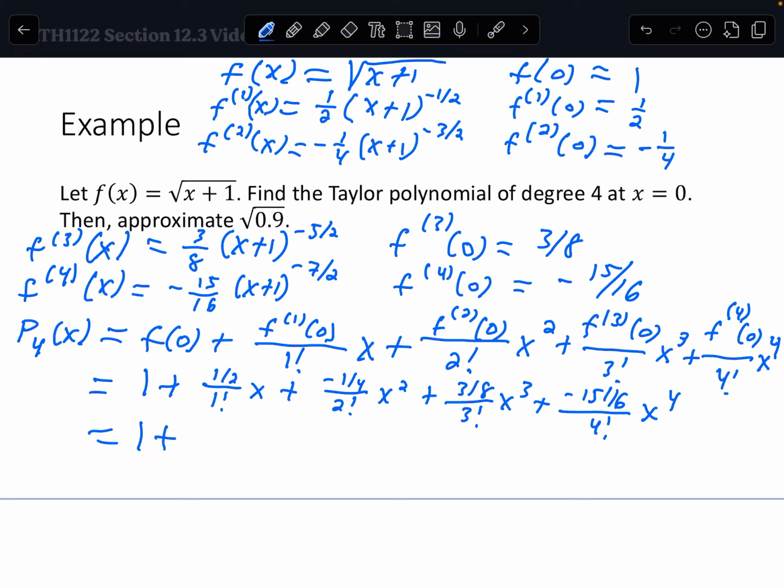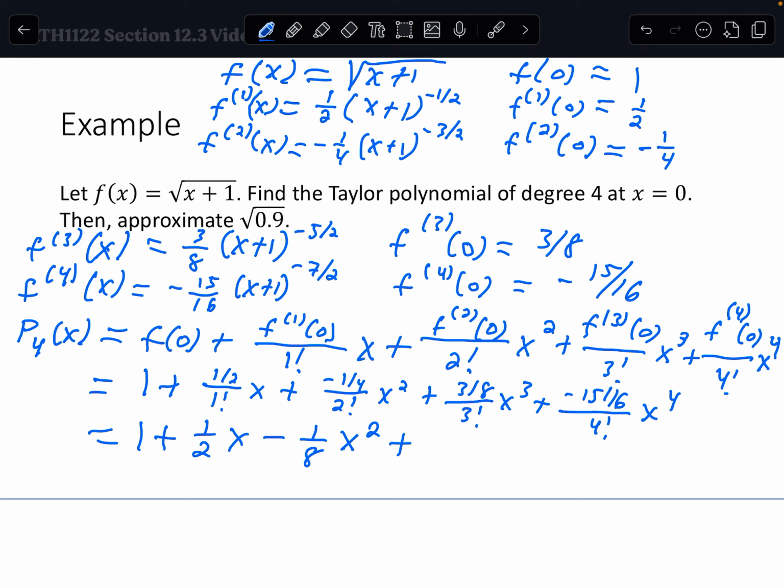This is 1 plus 1/2 divided by 1 factorial. 1 factorial is 1, so 1/2 divided by 1 makes a half, times x, minus 1/4 divided by 2 factorial, so 1/4 divided by 2 makes 1/8 x squared, plus 3/8 divided by 3 factorial. 3 factorial is going to be the value of 6.